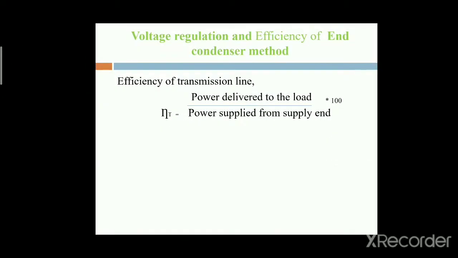Then we substitute into the efficiency of a transmission line: efficiency is equal to VR IR cos phi R, which is the power delivered to the load, divided by the power supplied from the supply end. What is the formula for power supplied from the supply end?